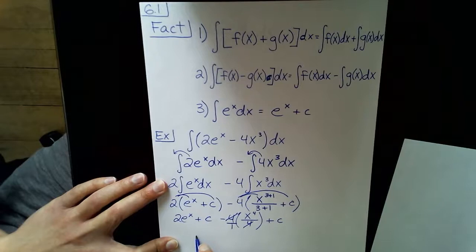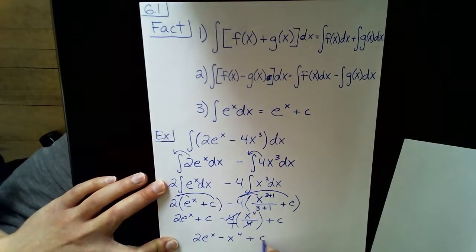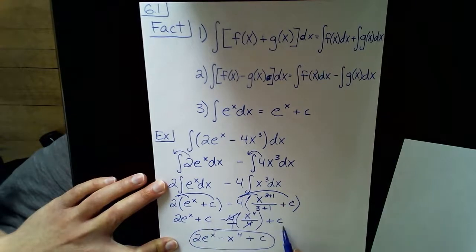So that leaves us with 2e to the x minus x to the 4th plus c. Again, it doesn't matter how many constants we have multiplied to c. It doesn't matter how many c's we have added together. They will still always end up just being plus c in the final answer. The last problem we go through in this video will finally confirm why that's true.